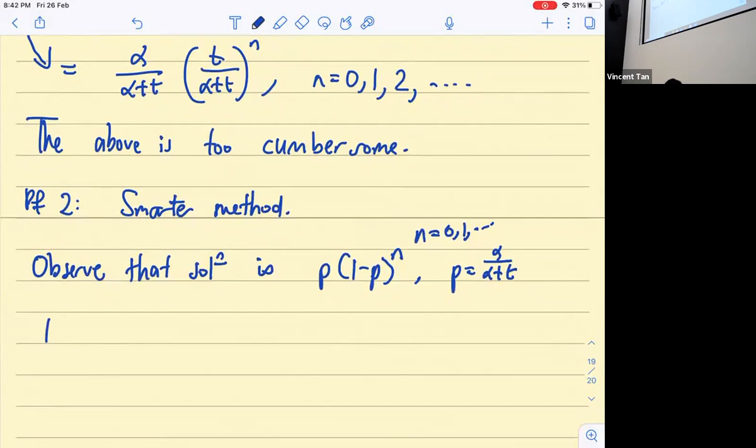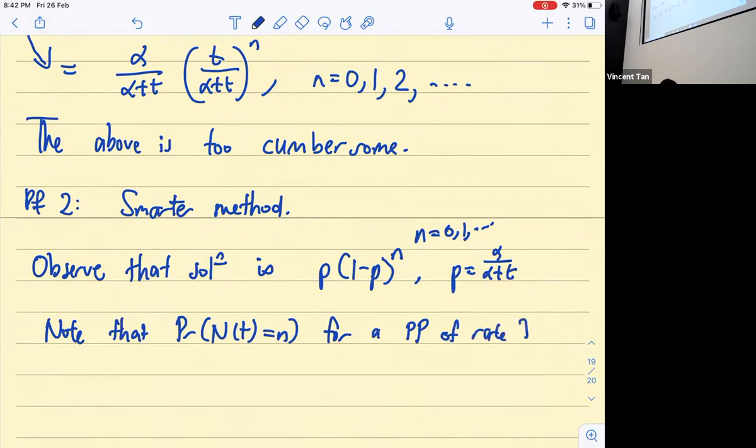Okay. Note now that probability N(t) equals n. All right, look at this quantity. For a Poisson process of rate lambda, let me say t is fixed and deterministic. Deterministic means not random.